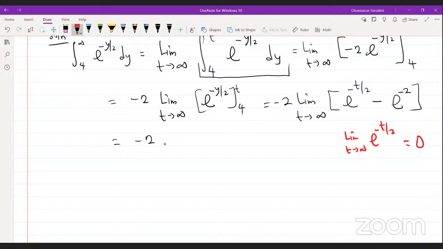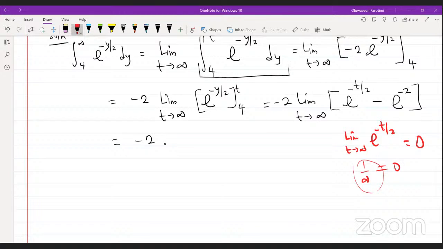Do you guys remember how to compute limits? I mean, that's Calc 1. In that case, you just have 1 over infinity, and 1 over infinity is just 0, because the exponential of a very large number is still a very large number, infinity.